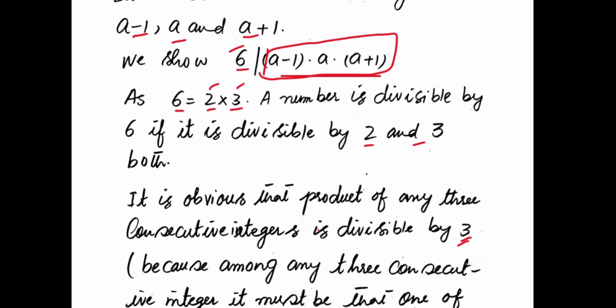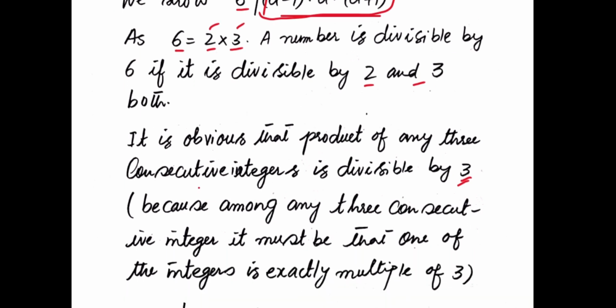It is obvious that the product of any 3 consecutive integers is divisible by 3. You can take any 3 consecutive integers. It must be that one of them is a multiple of 3, because among any 3 consecutive integers, exactly one of the integers is a multiple of 3. For example, you take 26 into 27 into 28. You can see here 27 is a multiple of 3.